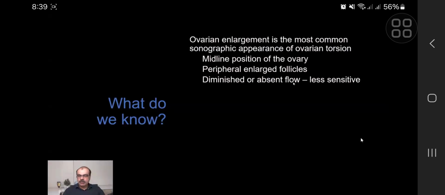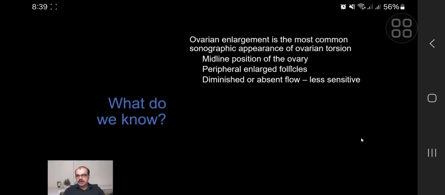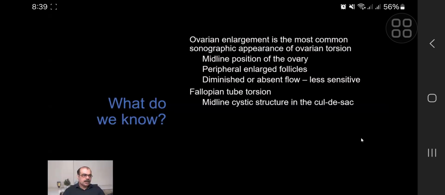But remember that in ovarian torsion, Doppler has a lesser role, and you have to rely more on grayscale imaging and the other findings. And in fallopian tube torsion, if you see a midline cystic structure in the cul-de-sac, do consider the diagnosis of fallopian tube torsion.